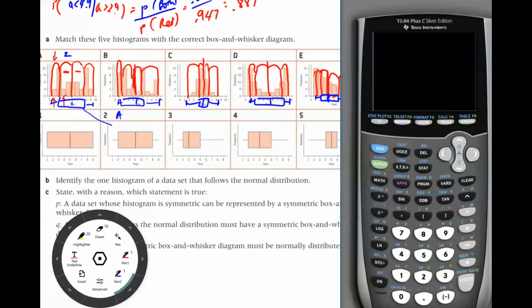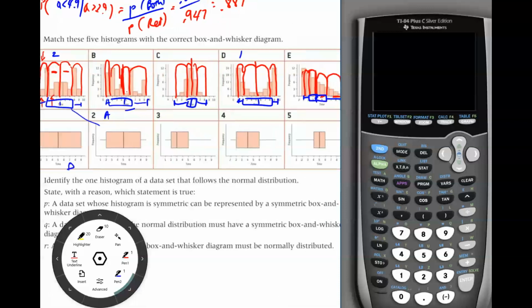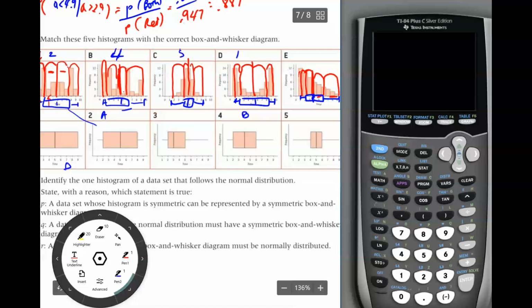D kind of looks like this. D. 1. This one, which is kind of all built up on the left side, kind of looks like this one, right? So that would be B. 4. And then this one that's all skinny in the middle looks like C. And then E, which looks progressively skinnier as you go to the left, that looks like 3. Okay?